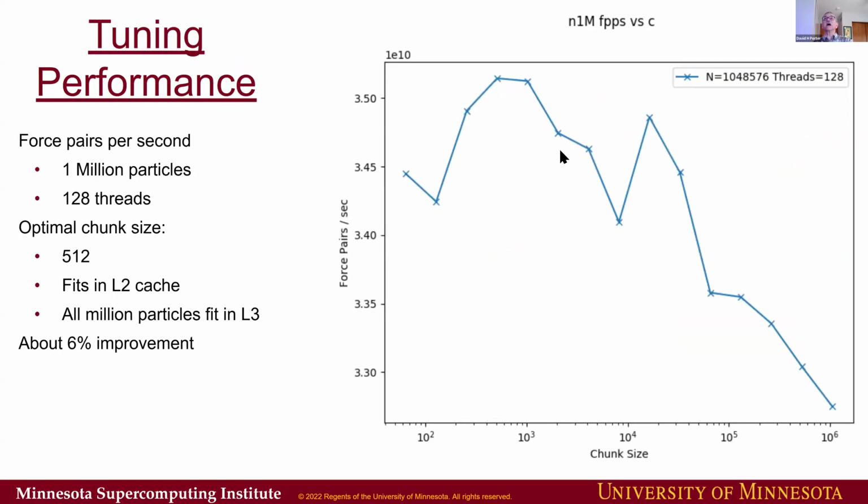And then finally, in terms of tuning the performance with that chunk size that I'd mentioned, this is to get better cache reuse. We can see how the performance will degrade if we go from the optimal value of a chunk size of around 512 particles per chunk. And that actually corresponds to a number of particles that fit into L2 cache, really local to the core.